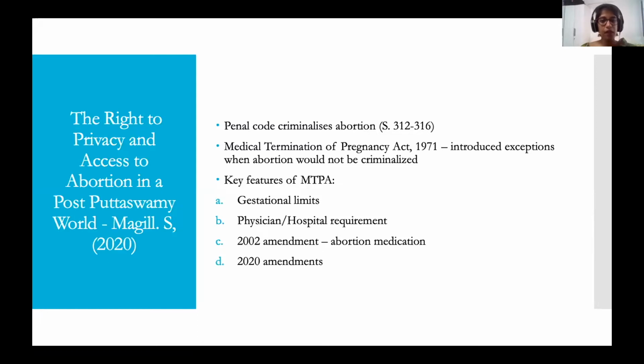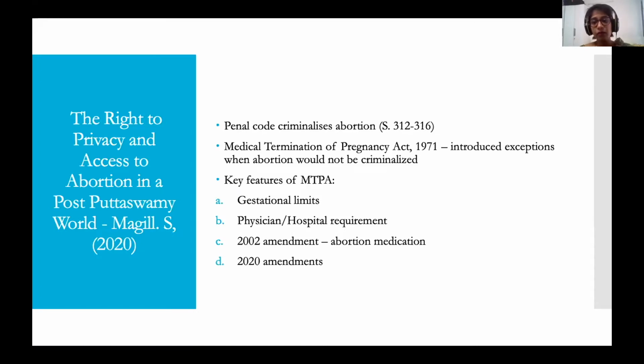Some of the key features of this act: one, originally, I'm talking about prior to the amendments, in 1971, it permitted abortion up to 20 weeks of gestation if there is a risk to life, if there are fetal abnormalities, or if there's an injury to the physical and mental health of the mother. Now, injury to mental health also includes pregnancy arising out of rape or failure of contraception.